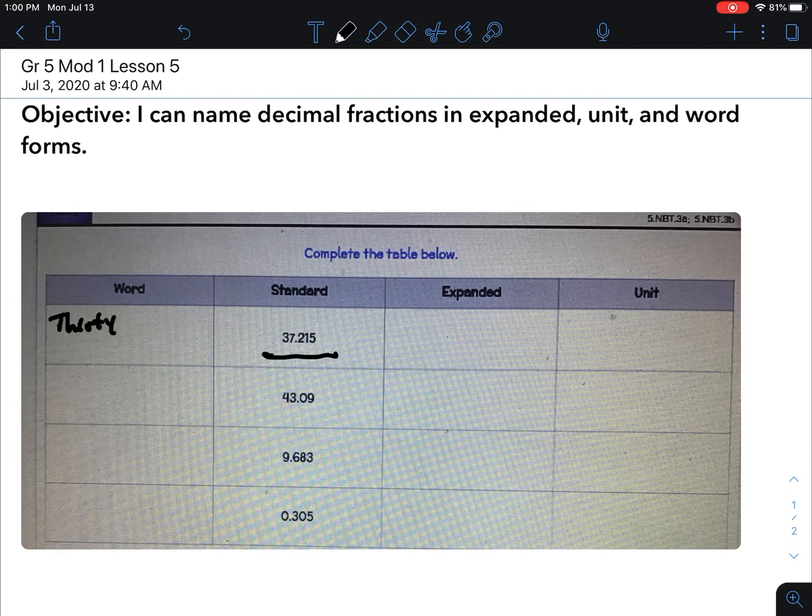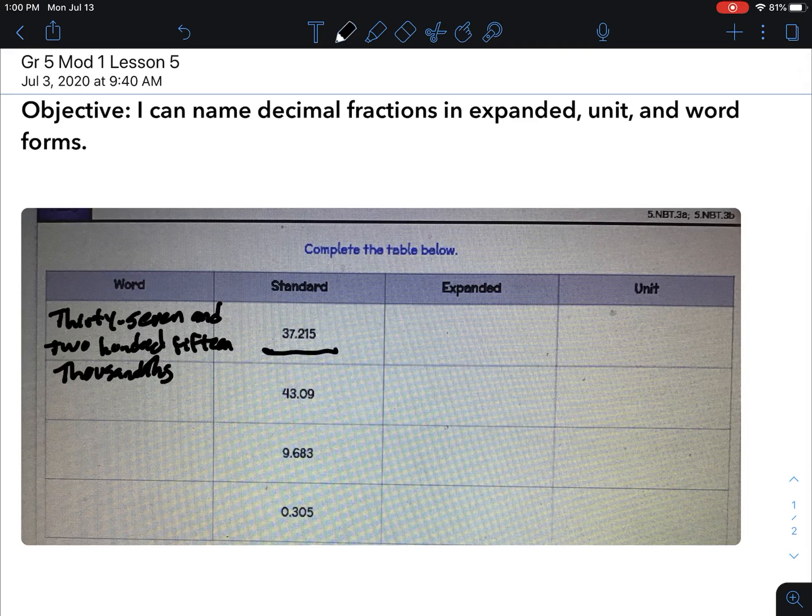So that would be 37, excuse my poor printing, and remember the decimal point stands for and, then 215 thousandths, because the last digit in that decimal ends in the thousandth place.